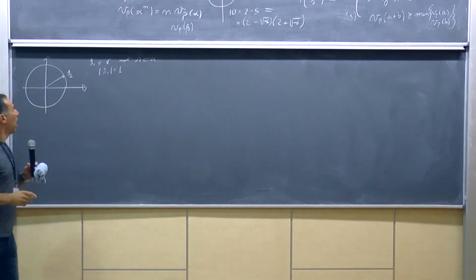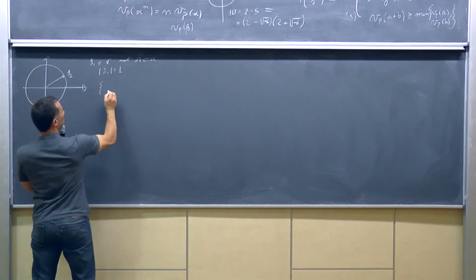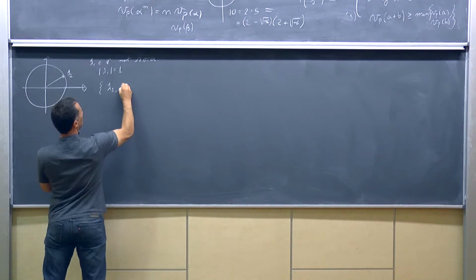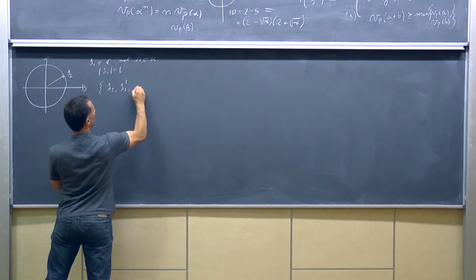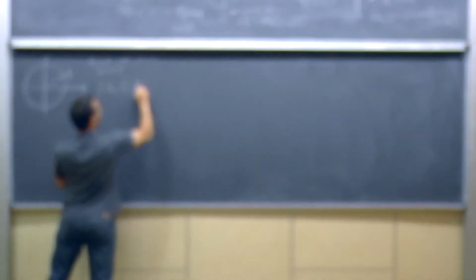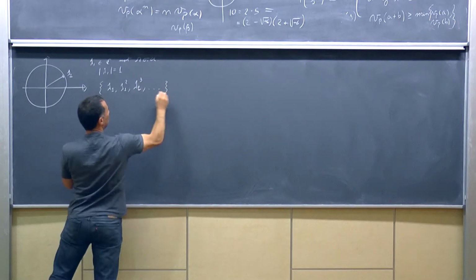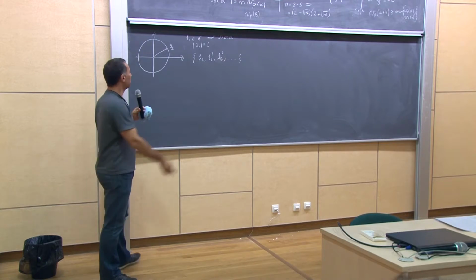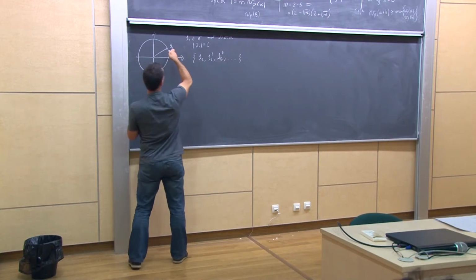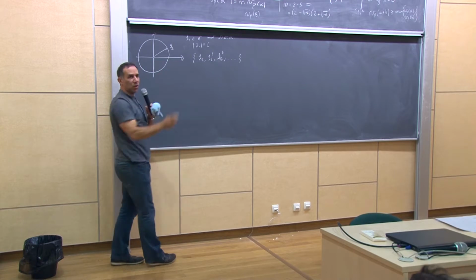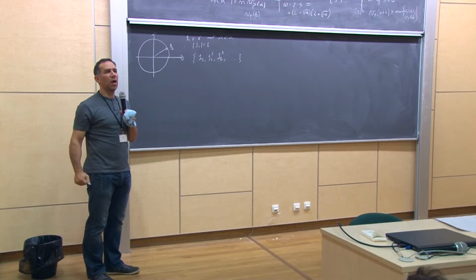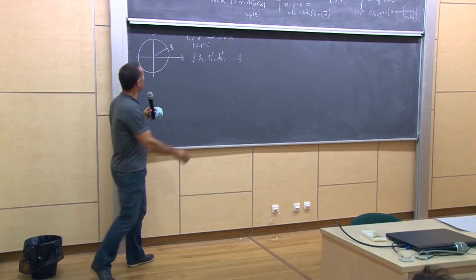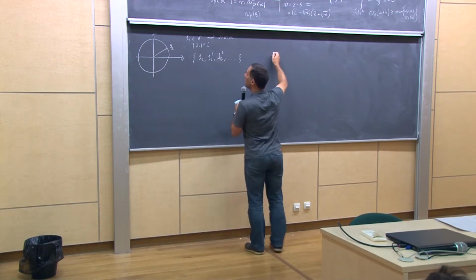And if we look at the iterates, lambda 1 squared, lambda 1 cubed, etc., the infinite set of the powers of lambda 1, we said that this set was dense on the unit circle. In fact we proved that yesterday. You remember?